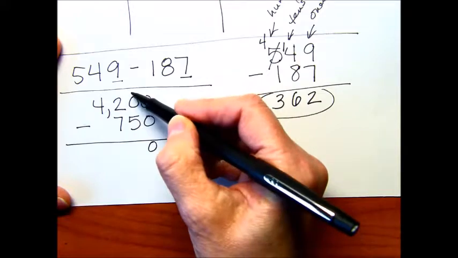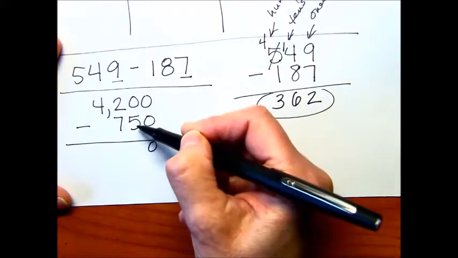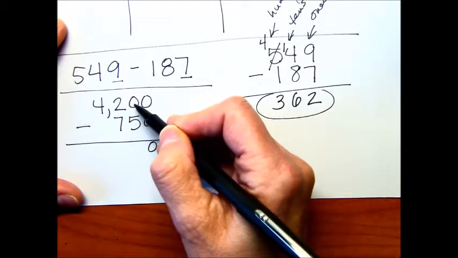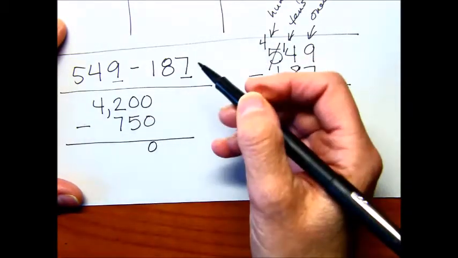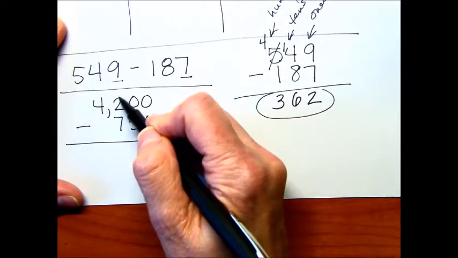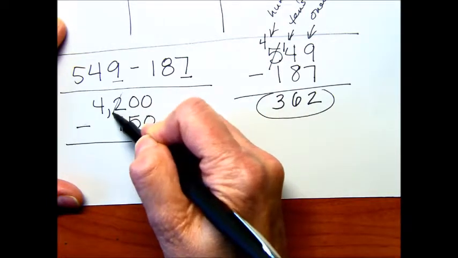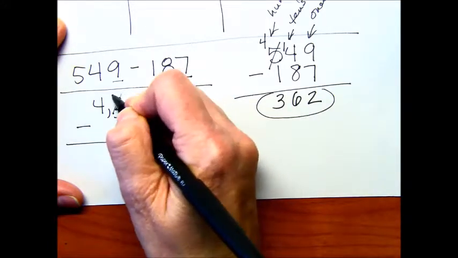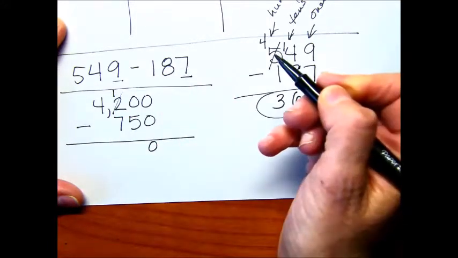In the tens column we have 0 tens, take away 5 tens. But again, we can't take 5 from 0, or else we're going to get a negative number. So I want to borrow from the 100s column. So if I take 1 100 from the 2 100s that I have, I'm left with 1 100.